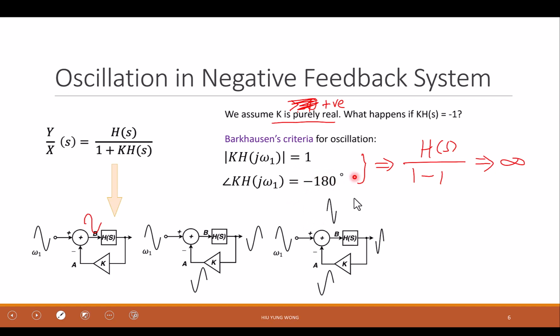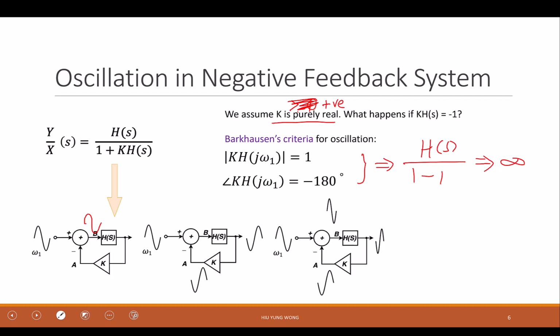There's a possibility that you will have 1 minus 1, right? This is a hand-waving argument. Of course, that's not how you do the stability analysis, right? But we don't go deep. I also don't know this well. But the point is that you obviously can see that when it is negative 1, you are going to have infinite gain. And then that causes the oscillation.